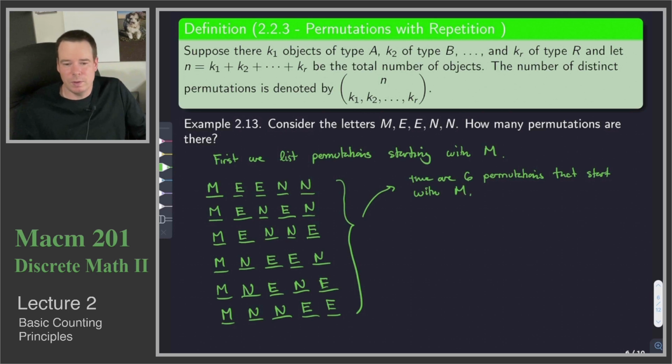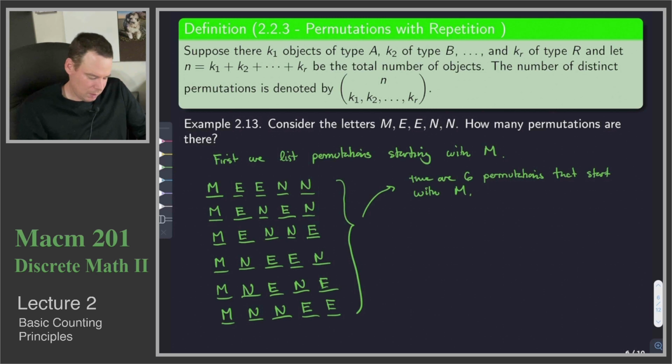Now if we think about what we've done here, we've listed all the ones that start with M, but if I imagine just covering up the M temporarily, then what we have found is 6 permutations of the pair of E's and the pair of N's. So I'm just ignoring the M for the time being. So there's 6 different ways to arrange 2 E's and 2 N's. And so this first M could appear in the start, or if I ignore it, I could put it here, right between.